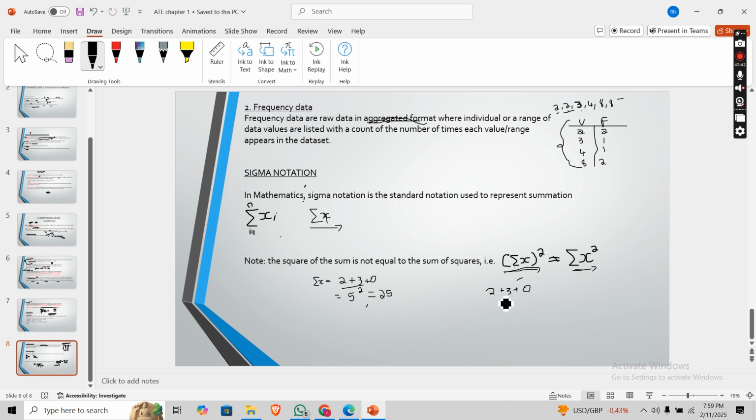If we want to get the sum of squares, which is this sign, we square each number and then add the answers.